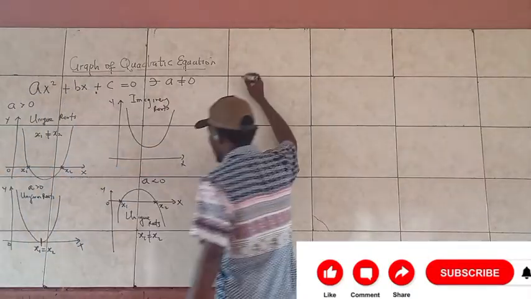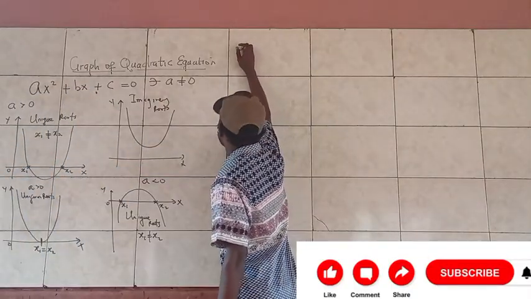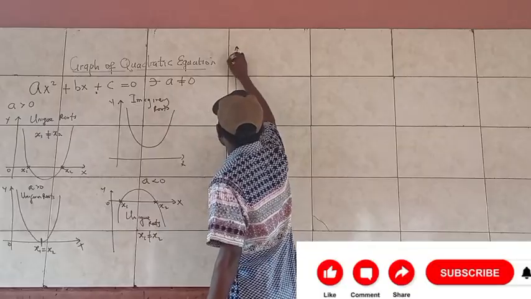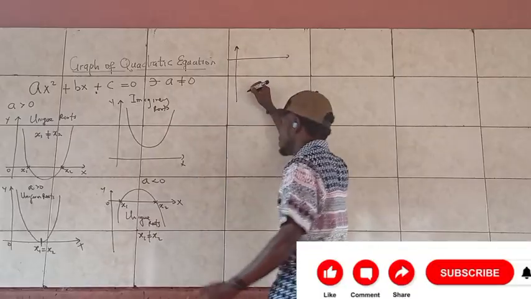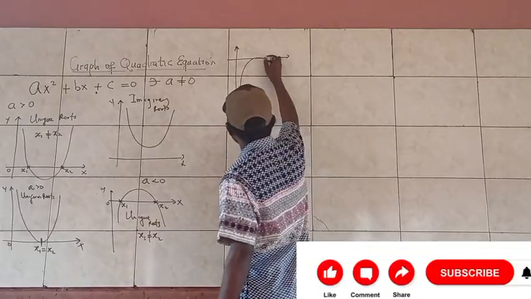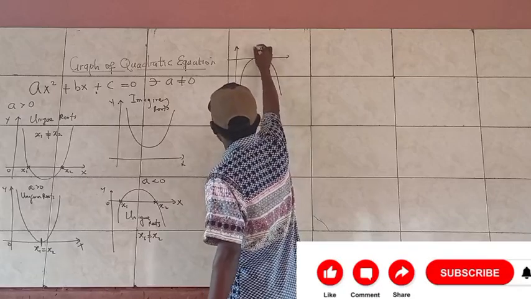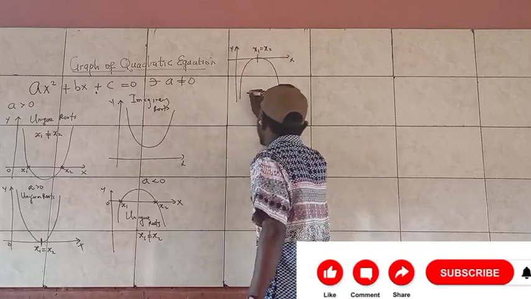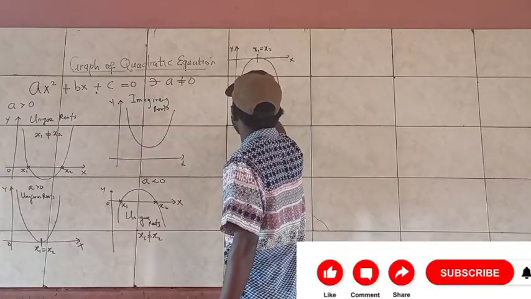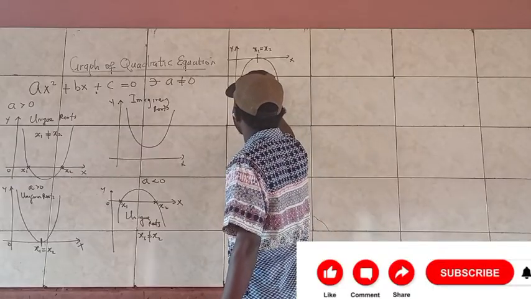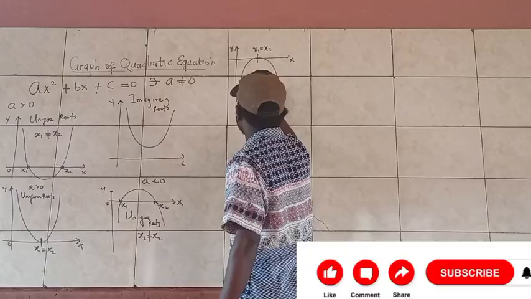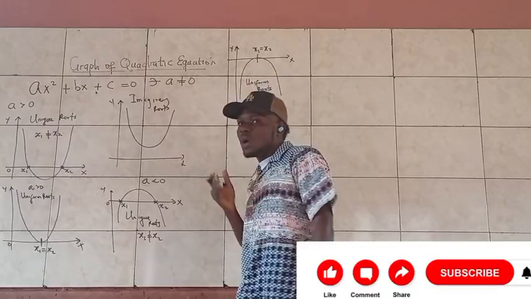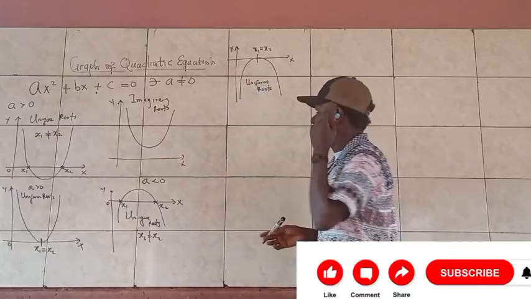And at this point, where my graph is also facing down, but is of this form, then here is x1 equals x2, y and x. This is also called uniform roots. Uniform roots because the two answers are the same, actually.